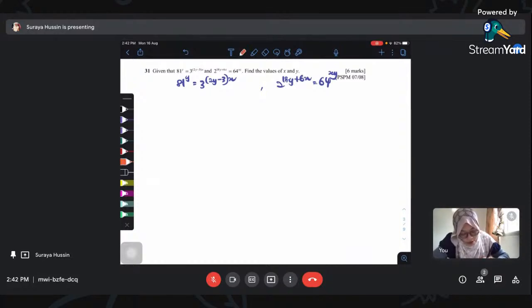So now what you have to do is make sure that they have the same base. When they have the same base, only then can you compare the index.